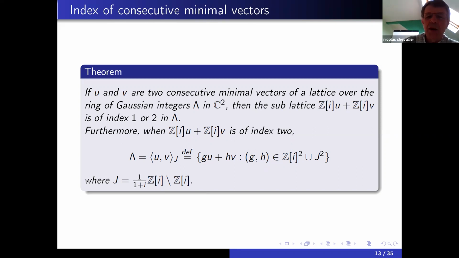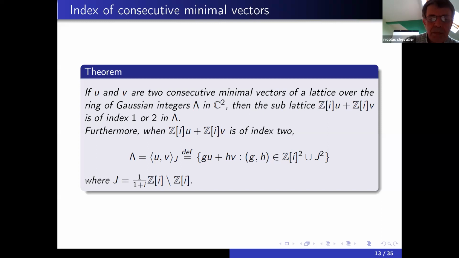In the case of R, if we take a lattice in R and take consecutive minimal vectors, then we have only index 1 pairs of consecutive minimal vectors. I just explained this fact before going into the proof of this theorem. I will explain most of the proof.